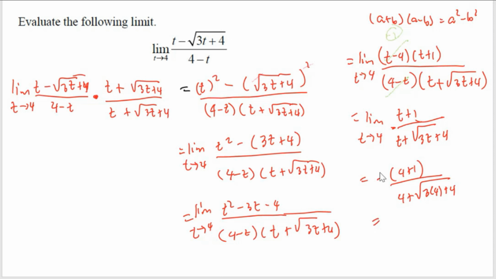So we have the numerator now of negative 5 all over 4 plus the square root of 3 times 4 is 12 plus 4 is 16. So the square root of 16 is 4. So we have 4. The final answer now will give us negative 5 over 8. So that's the answer for this problem.